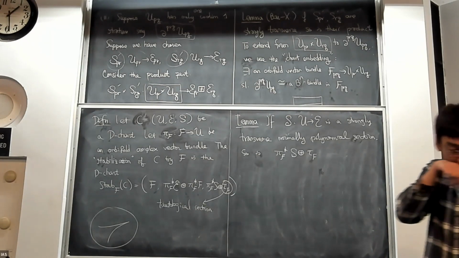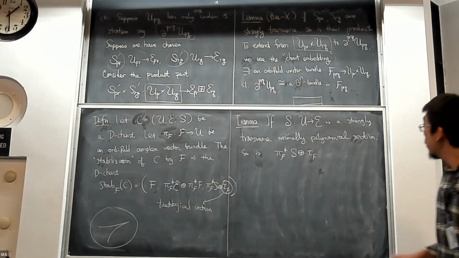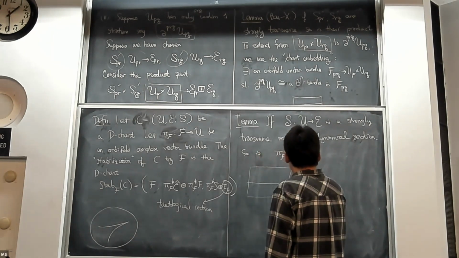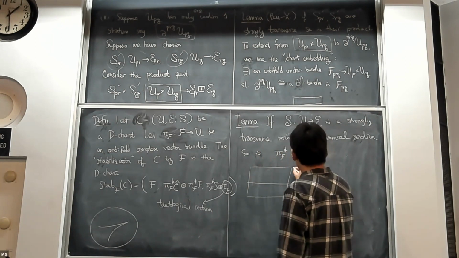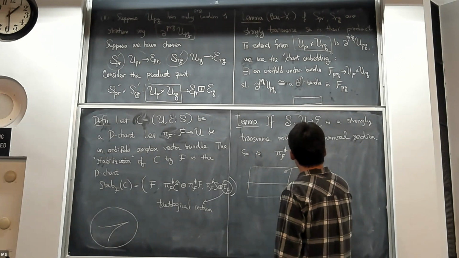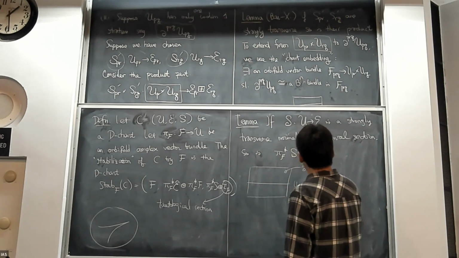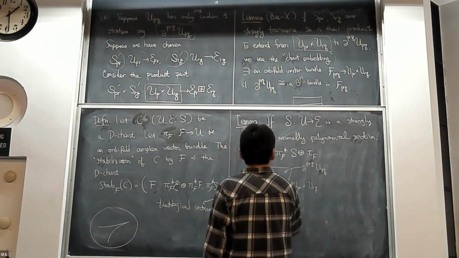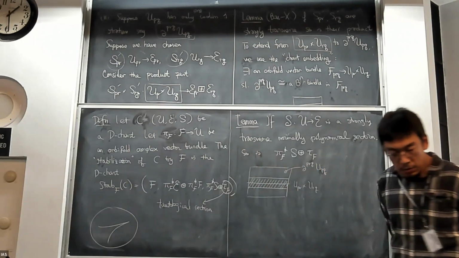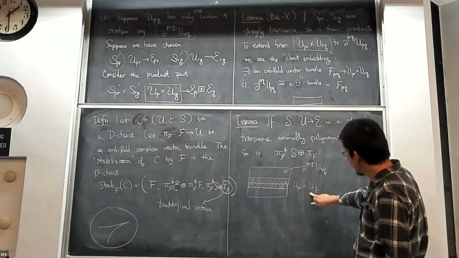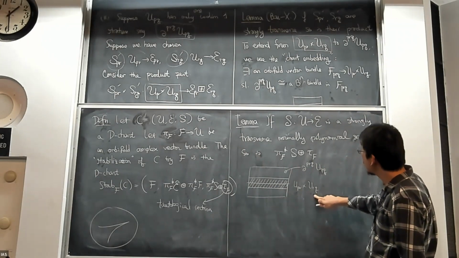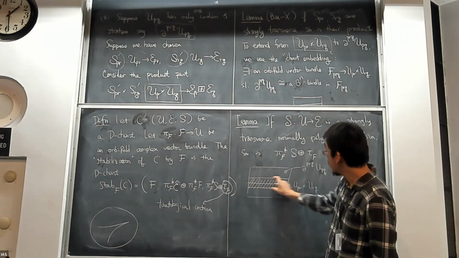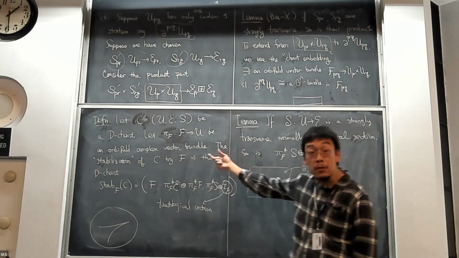Okay. So now let me draw the picture. Then from the product of two already chosen perturbations, you can cook up the product perturbation, and then use the fact that near this embedding image, a neighborhood is inside a vector bundle.